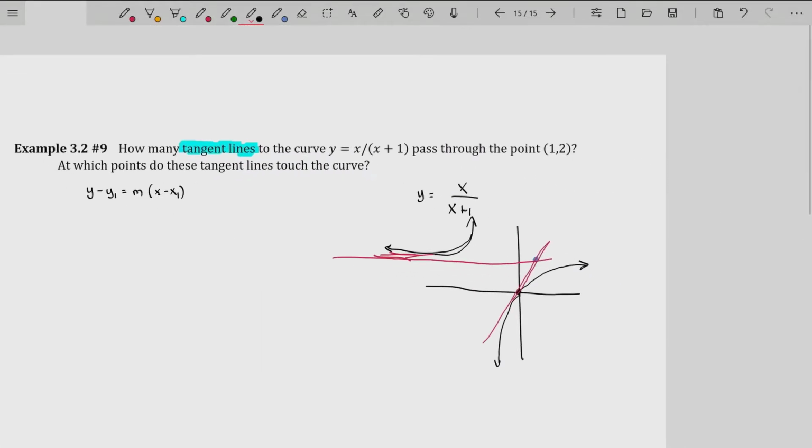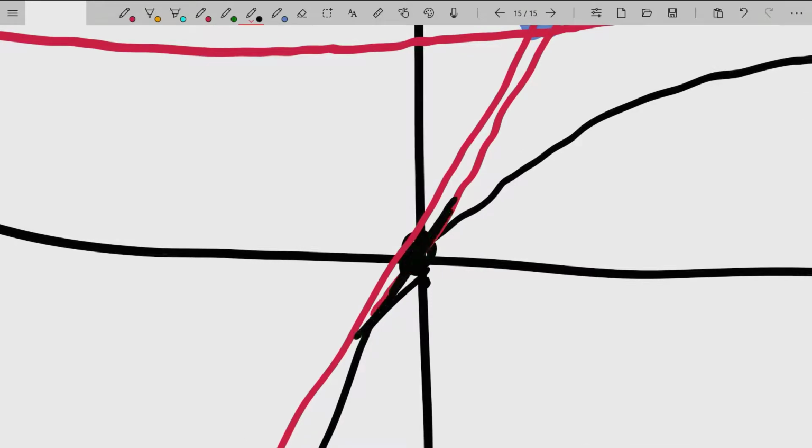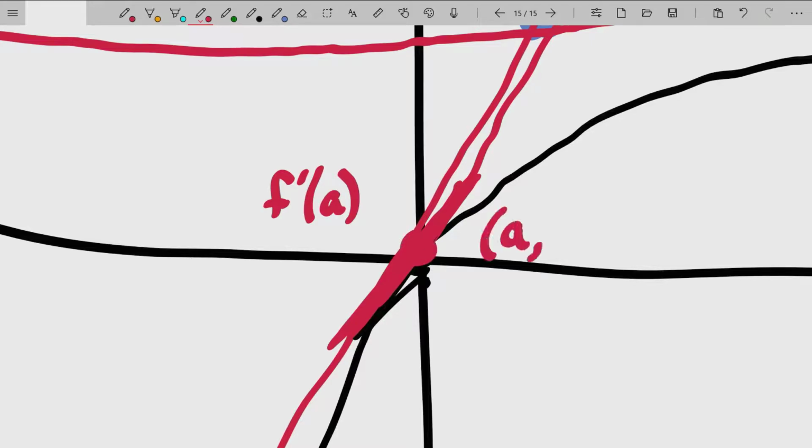Now let me say that again. I'm going to zoom in maybe to this right here. So the slope of the curve right there is just f prime at whatever that value is. I don't really care what the value is, but it also contains the point a comma f of a, right? So you have two pieces of information, the point and the slope.